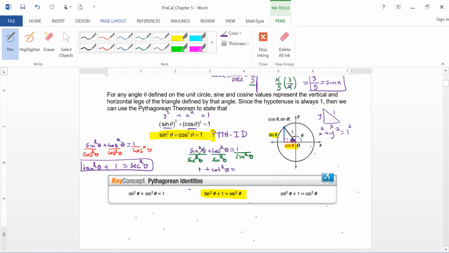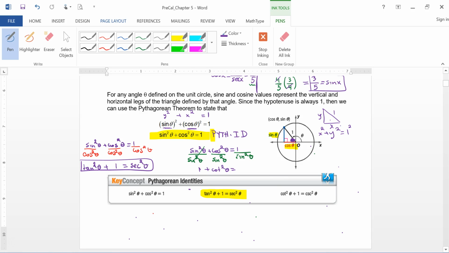So 2 over cosine of x squared over negative sine squared x over cosine squared x. What's tangent?